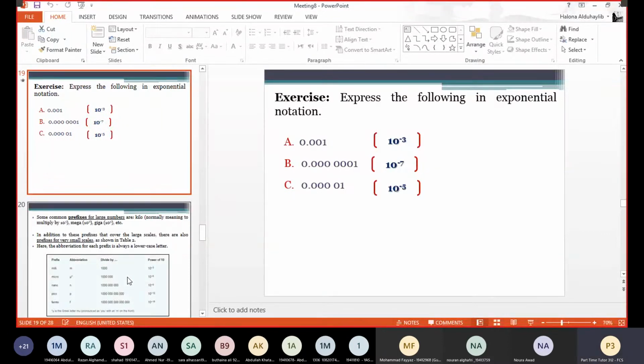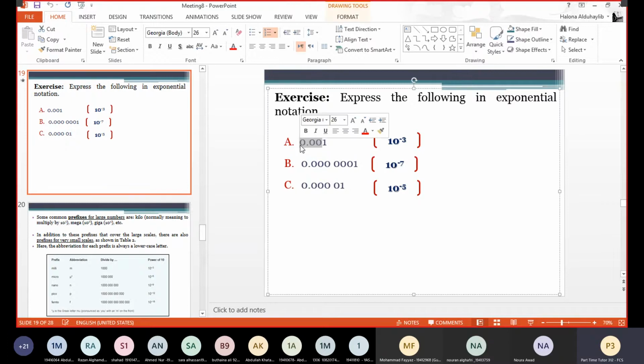Here we have an exercise. We need to express the following in exponential notation. We have here 1 out of 1,000, 1 out of 100, 1 out of 1,000, not 100. So you need to say it is 10 power. How many zeros behind or before the 1?